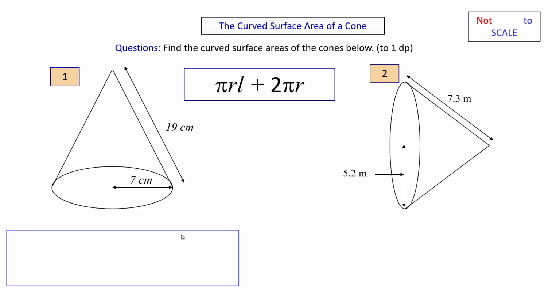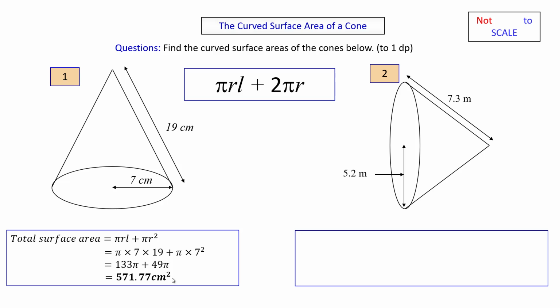So if we write our formula, total surface area, pi RL plus pi r squared, and now you should have pi times 7 times 19, plus pi times 7 squared. And when we work it out, you should get 571.77 centimeters squared.